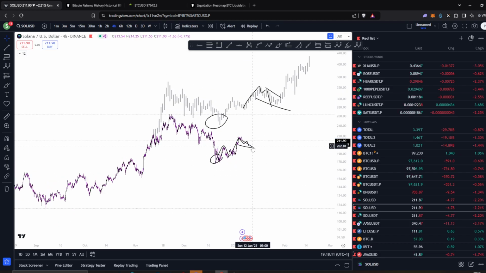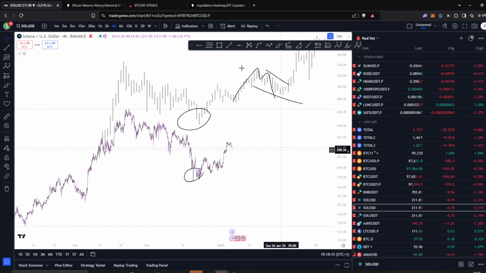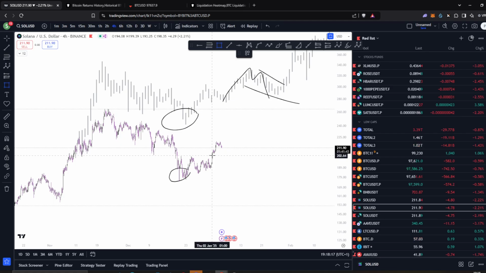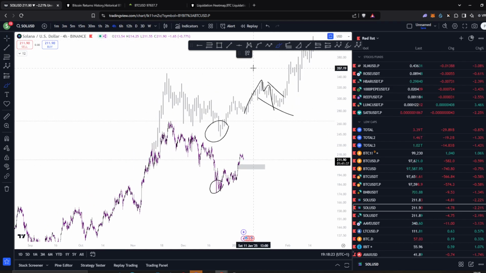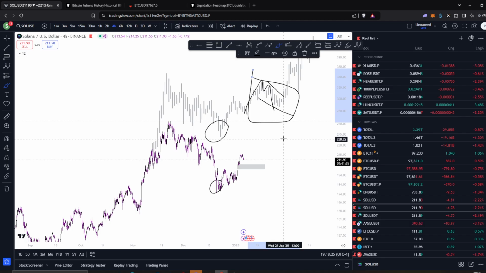And that's likely going to happen if you do get that. That's going to likely happen off that 200 to 205 range for a bounce zone. If you do create this same price action from 2024 in 2025.